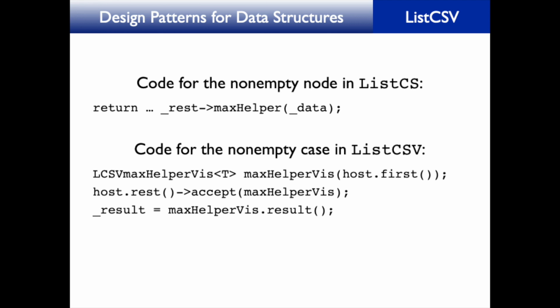And then because we return underscore rest.max helper in the listcs version, the thing that corresponds to that is host.rest.accept max helper viz. And then because this is a non-void method, we call the result function of the max helper viz and set underscore result to that.